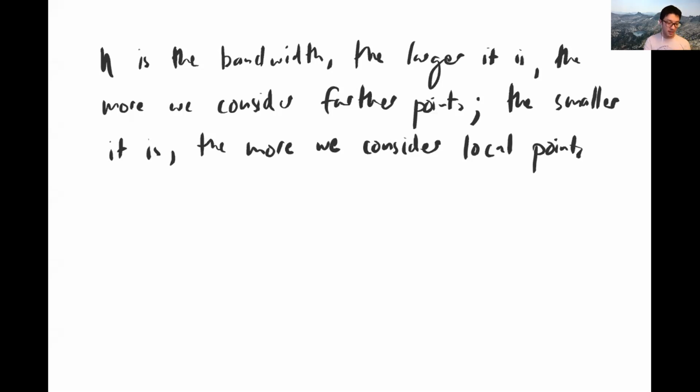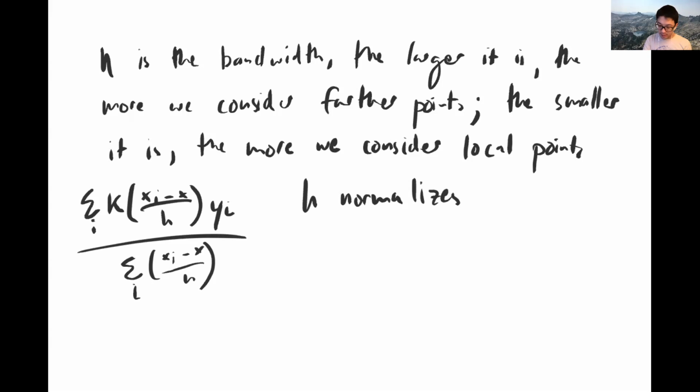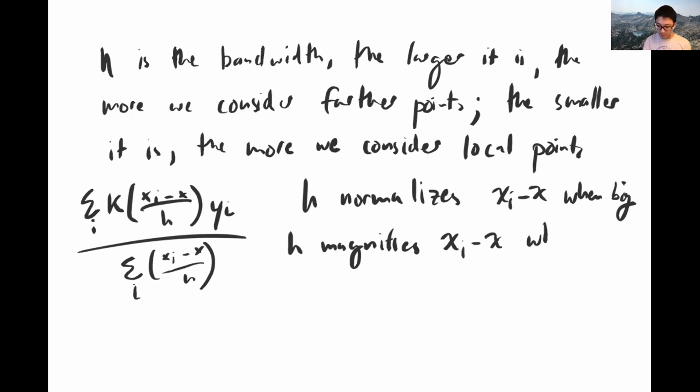So in that equation, h normalizes xi minus x when big, and h magnifies xi minus x when small.